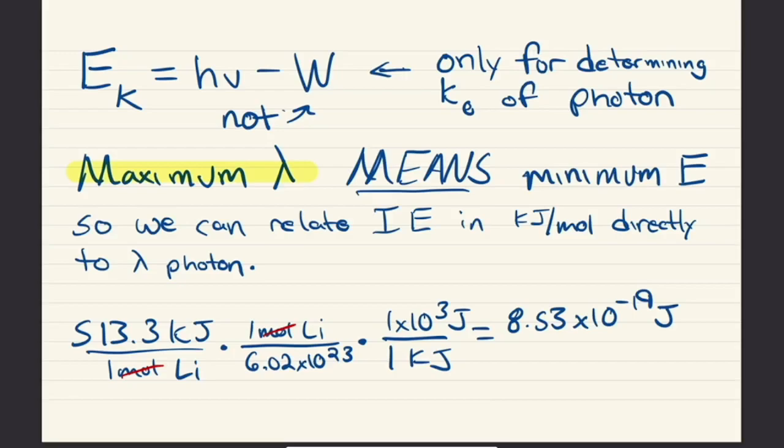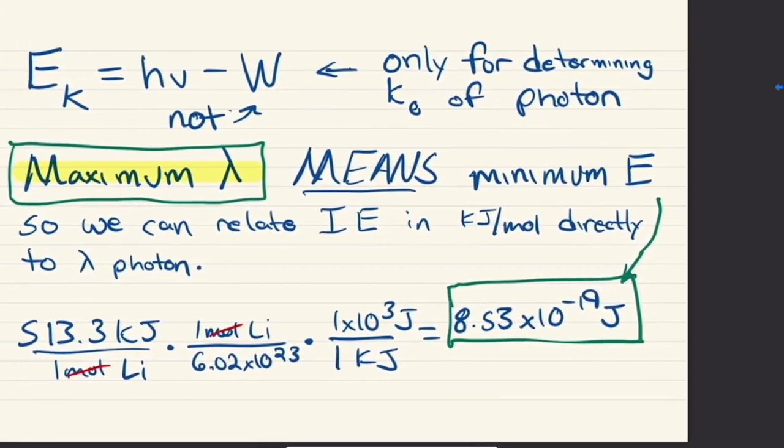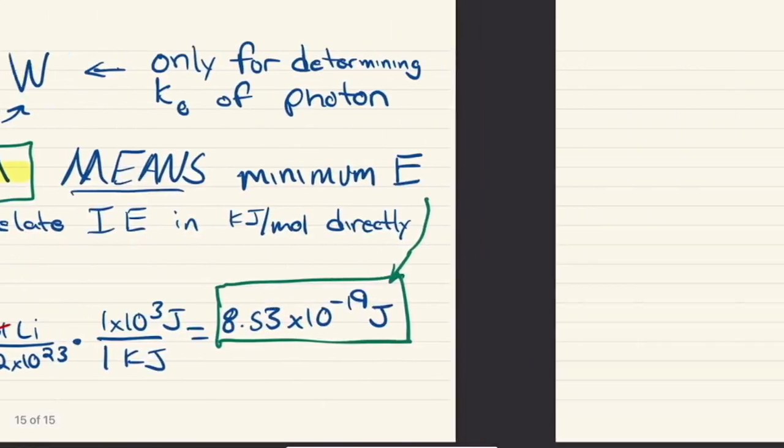So now that we have a value in joules, we can find the maximum wavelength, because the maximum wavelength will be the minimum energy, aka this value. And what does that look like? Well, if we know that 8.53 times 10 to the negative 19 joules is equal to hc over lambda.